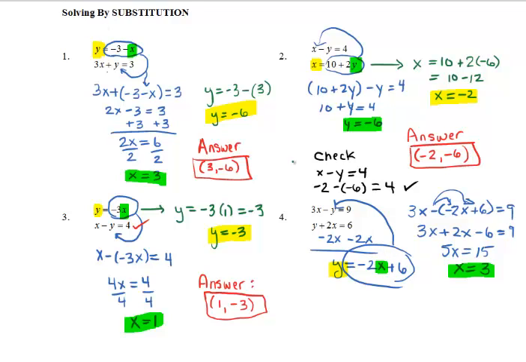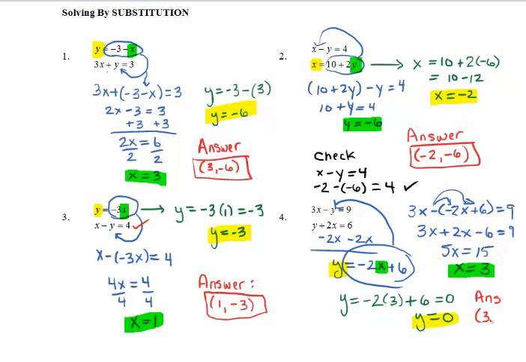So y equals -2 times 3 plus 6, which in this case ends up giving us 0. So I have an x coordinate of 3 and a y coordinate of 0. So my answer, or my point of intersection, is the ordered pair 3, 0.